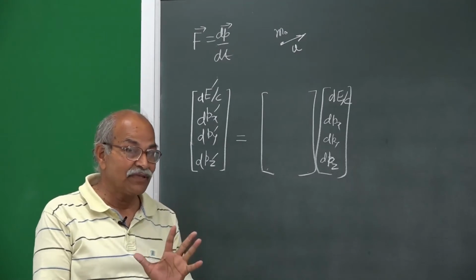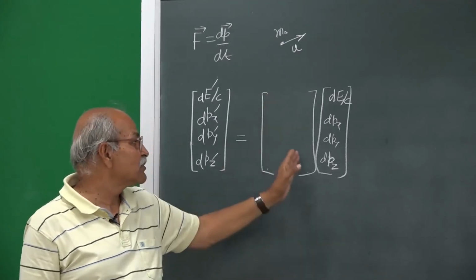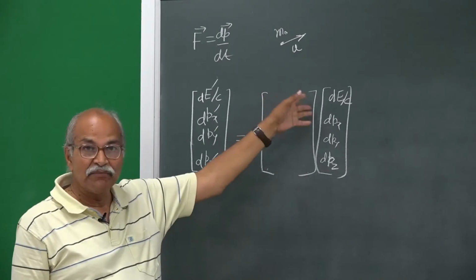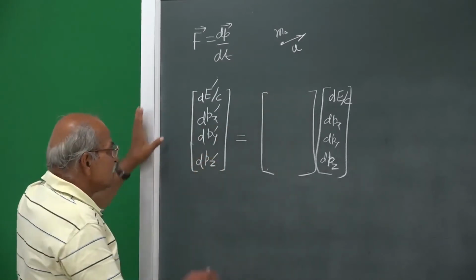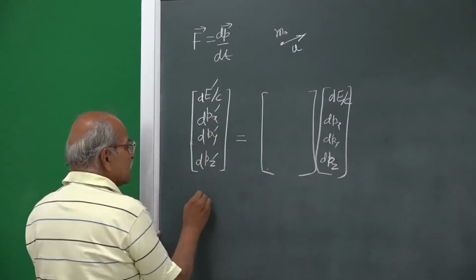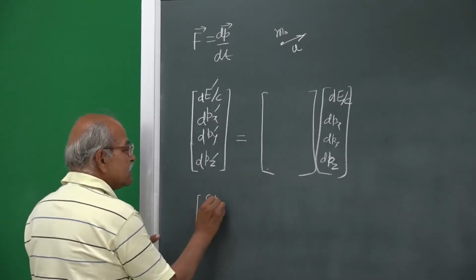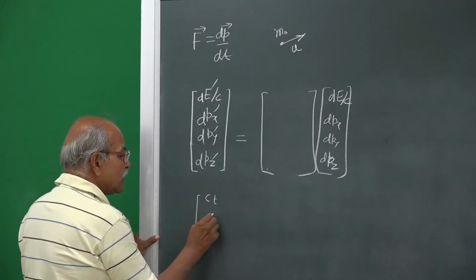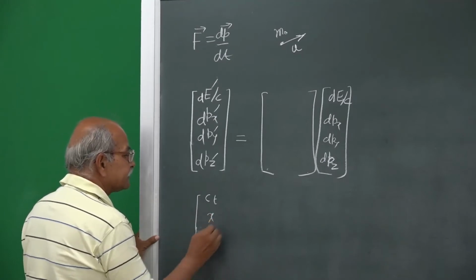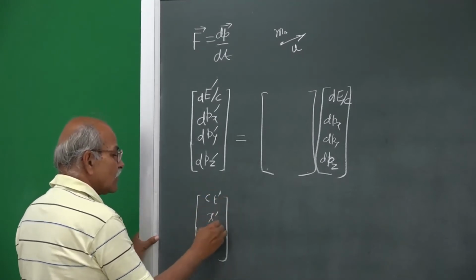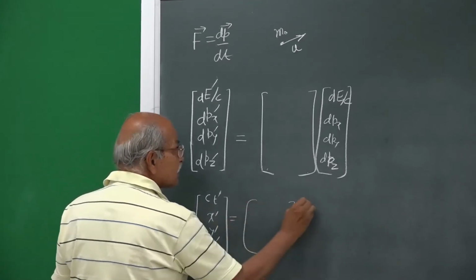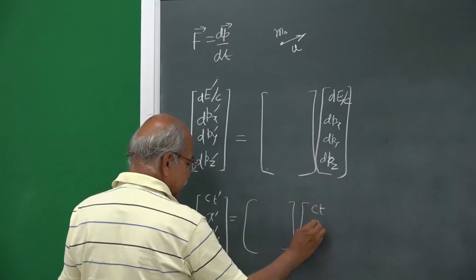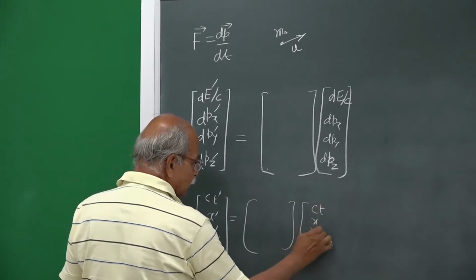If I am sticking to that, then this Lorentz transformation, you know what it is, that gamma beta transformation, and remember, you have ct here, x here, y here and z here. So, that will be the same transformation matrix, and then you will have ct and then x, y and z here.